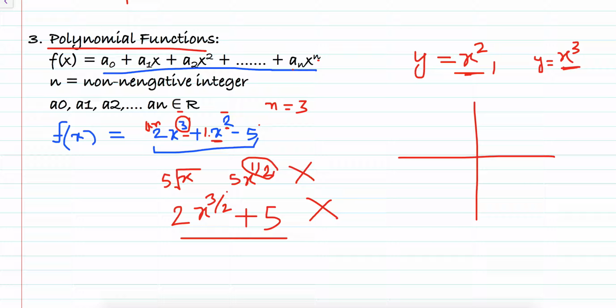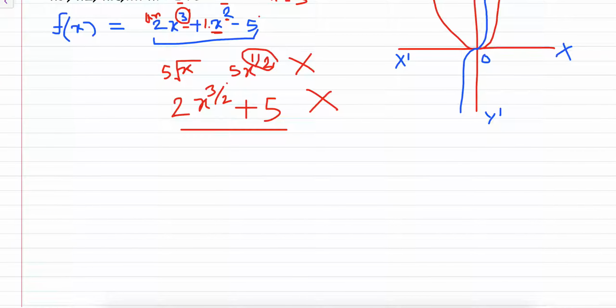So for x square we had seen that the graph was like this, and for x cube we had seen that the graph is like this. So in the last class we had plotted these graphs. So this was our polynomial function.